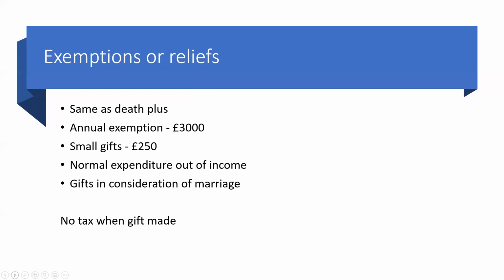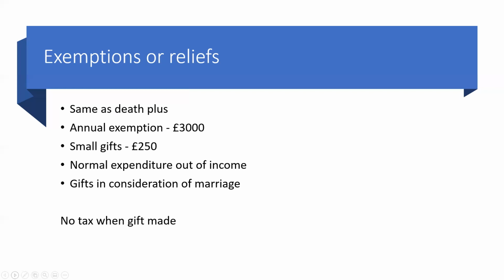And another one, which is normal expenditure out of income. So that's usually payments to children, particularly if you're, say, paying money to your child who's at university. So if you're paying their rent every month or something like that, that would be normal expenditure out of income.